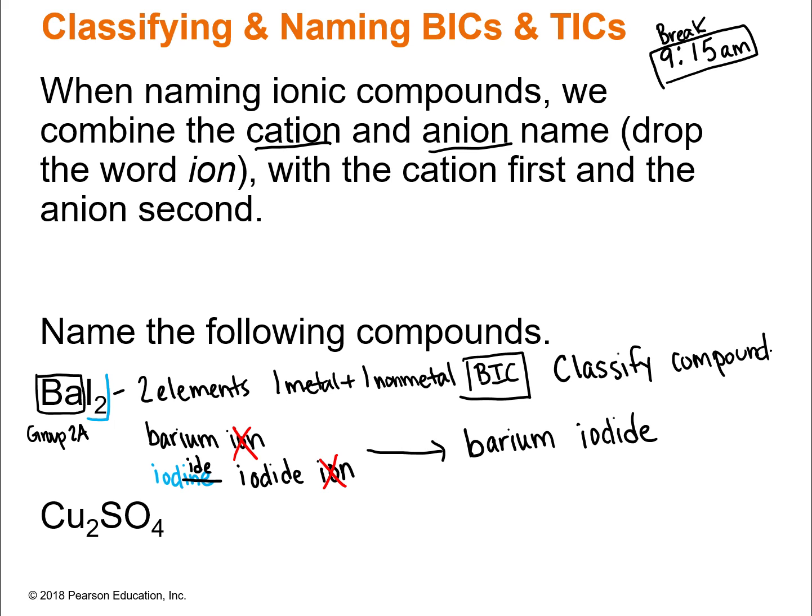We said that there's 2 elements here, so it's got to be a binary something. I've got 1 metal and 1 non-metal, so it has to be binary ionic. Now that I know what kind of compound I have, I know which set of rules to use. I have to name the cation and the anion and then smush those together. The cation always comes first in the formula and in the name.